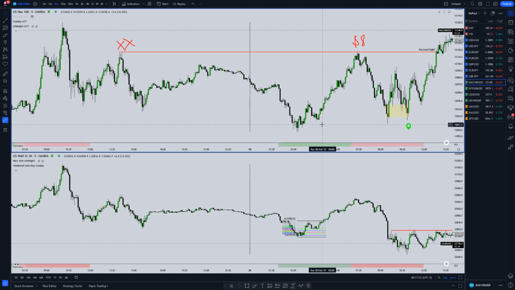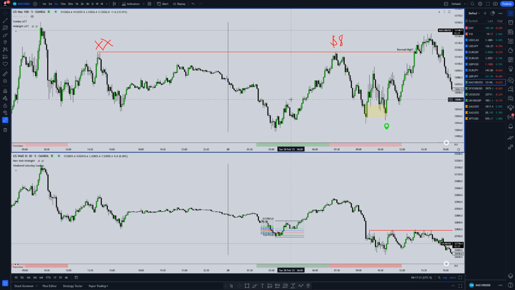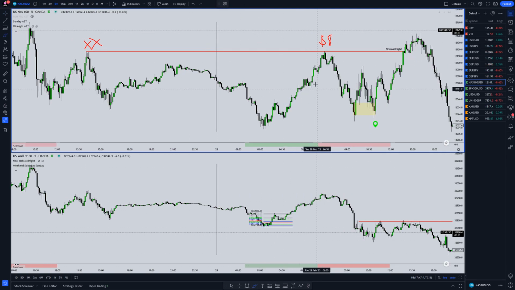So the way I make a bias when there's nothing obvious is I wait for liquidity generation, because liquidity is generated all the time in the market. Equal highs and equal lows are being generated, and as soon as this high is not taken, it forms this swing and just rejects, then alarm bells are going off in my head.